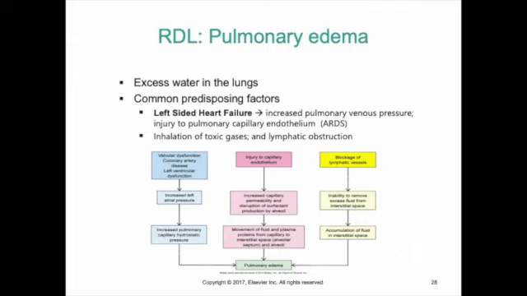Predisposing factors that are common for pulmonary edema are patients that have left-sided heart disease, and this causes an increase of pulmonary venous pressure. Injury to the pulmonary capillary endothelium, like we saw with ARDS or respiratory distress syndrome, inhalation of toxic gases, and lymphatic obstruction all contribute to pulmonary edema.